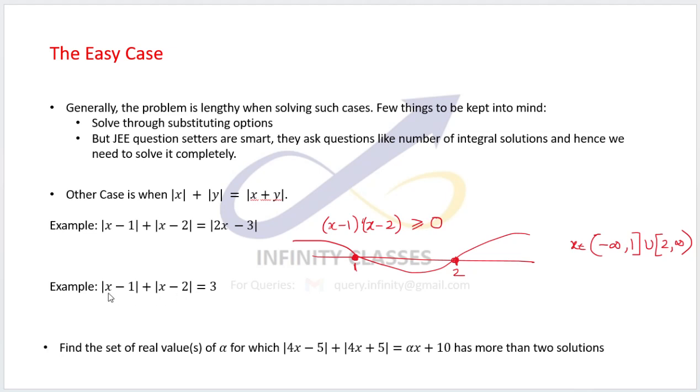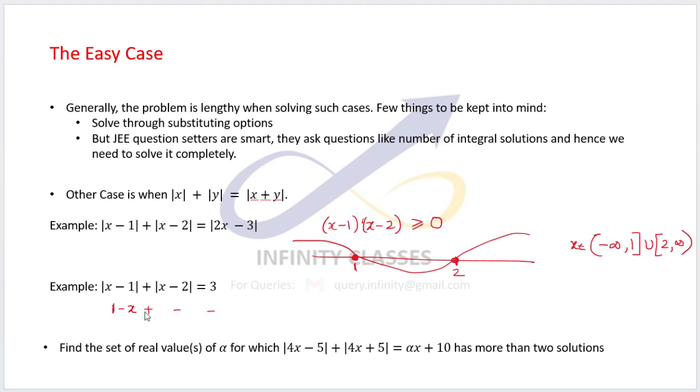Similarly, in this case, this might not look like x minus 1 plus x minus 2 is not equal to 3. But actually, what would be the case here? I can write this as mod of x minus 1 plus 2 minus x, or I can write this as 1 minus x plus 2 minus x is equal to 3.